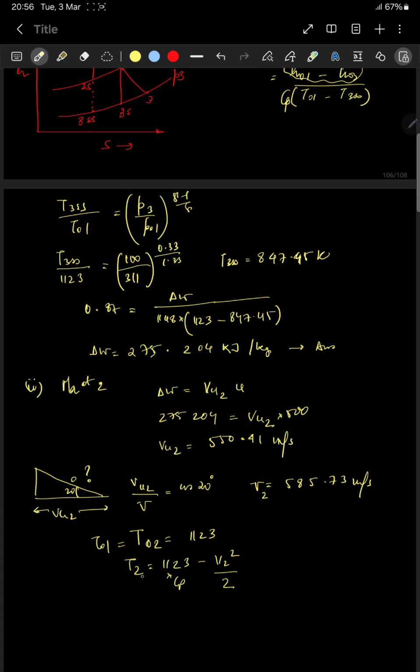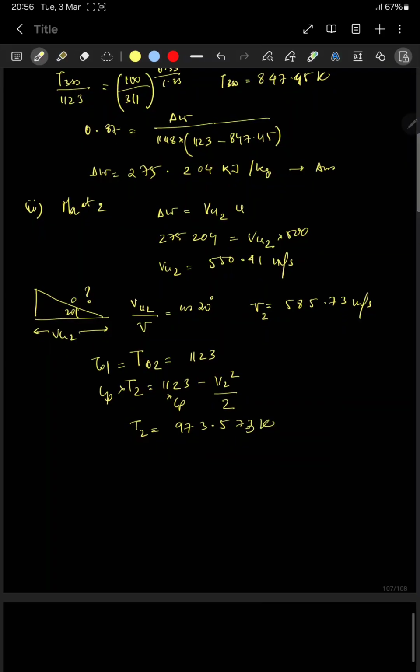This is into Cp and this is into Cp. So 1123 into Cp is almost 1148 minus answer, okay, divided by 1148. So we have T2 is equal to 973.573 Kelvin.